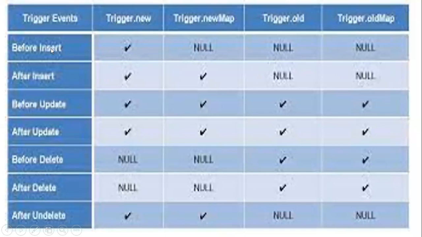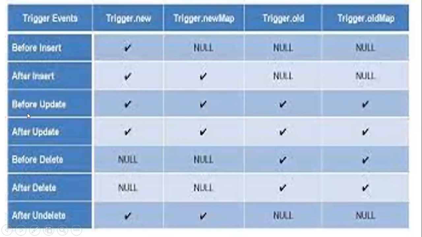After insertion is the same as before insertion, with only one difference: after insertion there is a creation of ID in the Salesforce database. That's why the records have IDs, and that's why they have trigger.newMap. Before update and after update have all four context variables: trigger.new, trigger.newMap, trigger.old and trigger.oldMap.